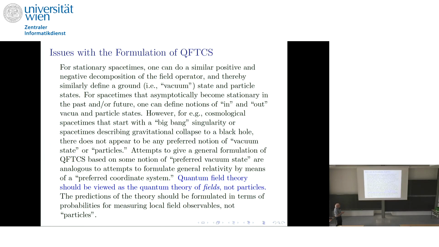There'd have to be a few other small conditions added, but basically there will exist a ground state that you can call the vacuum, and you can define particle states and so on. But one wants to do a lot more than that in quantum field theory in curved spacetime. In particular, you might have a cosmological spacetime with no time translation symmetry and an initial singularity, or you might want to consider collapse to a black hole.